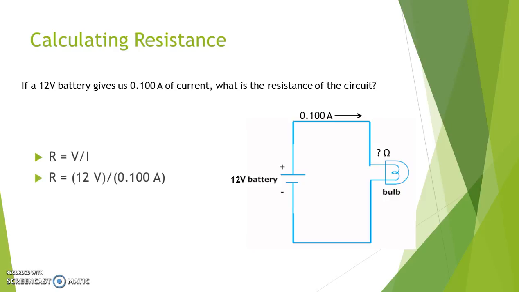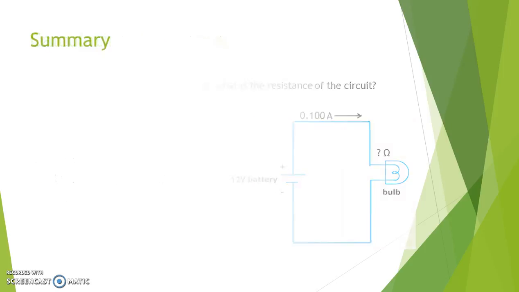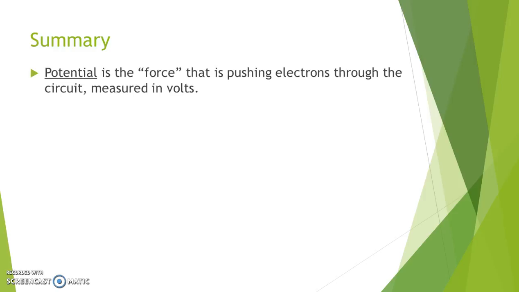And when we divide 12 volts by 0.1 amps, we get 120 ohms resistance. So if a 12-volt battery gives us 0.1 amps of current, the resistance of our circuit must be 120 ohms. All right, so those are some basic calculations and review from science class.